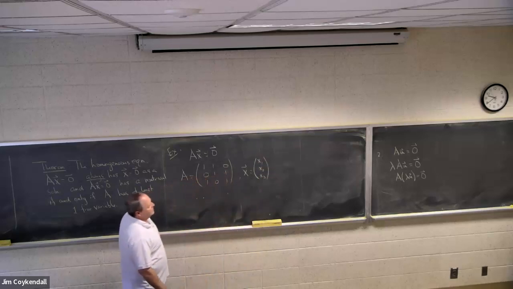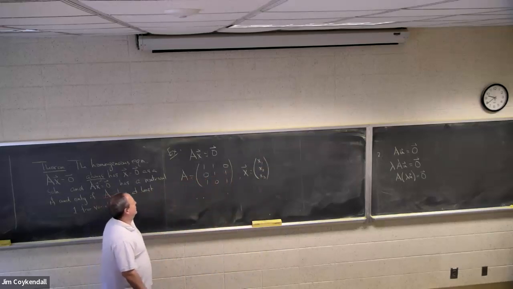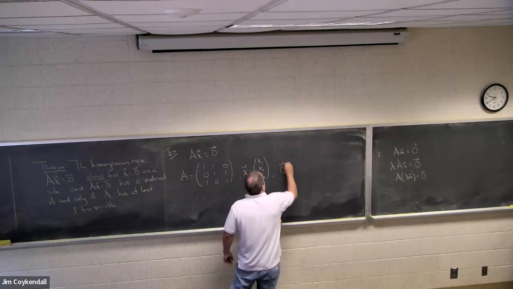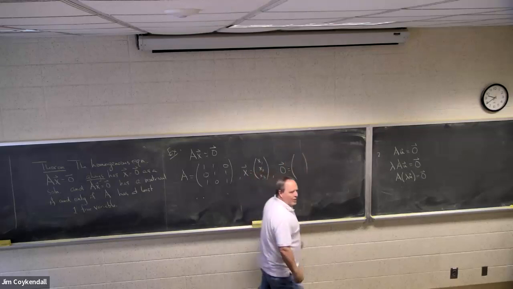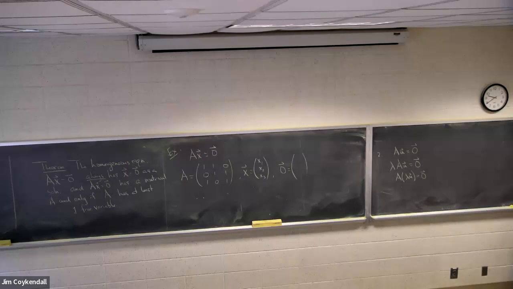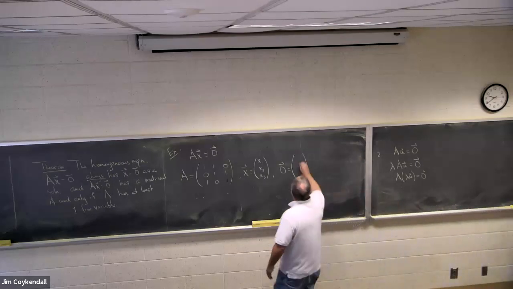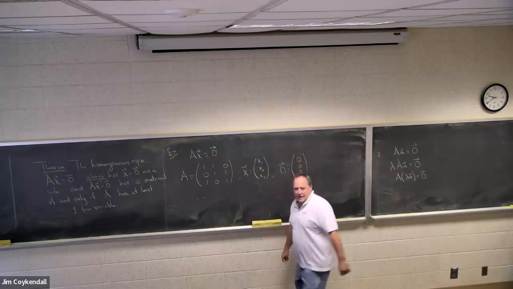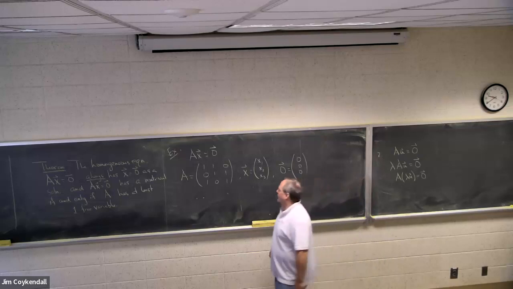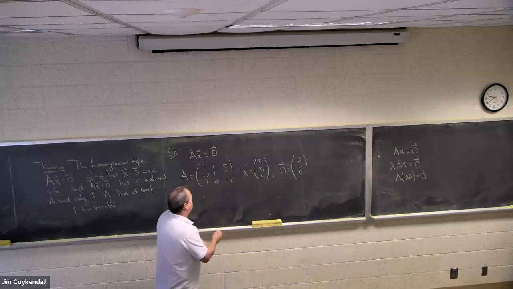For the further details, I'll start shortcutting the details a little bit. By the way, what should be the size of my zero vector here? Yeah, it should be the size of the number of rows of the matrix.